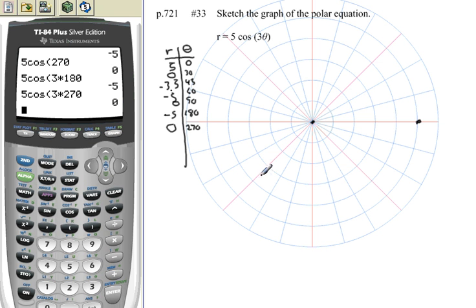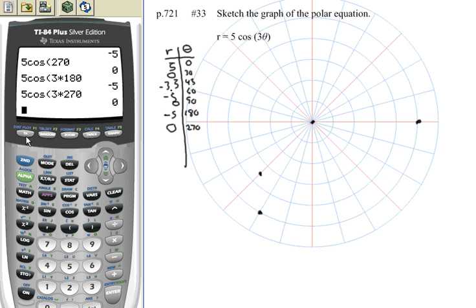At 60 degrees, which is right here, my radius is negative 5. At 90 degrees, we're back to 0. At 180 degrees, we're at negative 5. And at 270 degrees, we're at 0. So what's going on here?